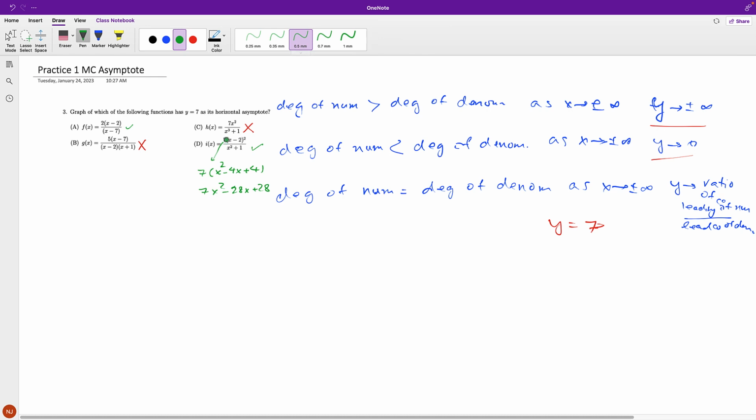The leading coefficient of the numerator is 7, the leading coefficient of the denominator is 1, therefore y equal to 7 over 1 is the horizontal asymptote. And that is the answer.